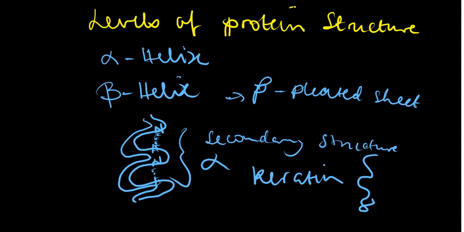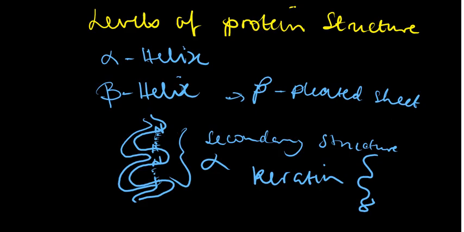A claw is just like the nail of an eagle or a chicken, or birds in short. Birds have claws, and they are made up of these types of structures that we're calling the secondary structure.